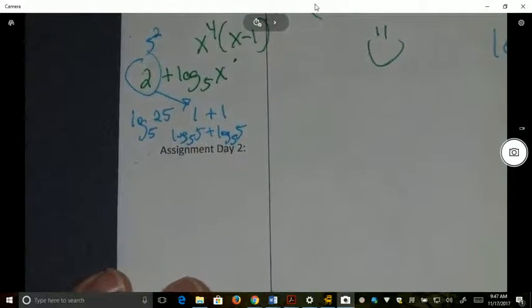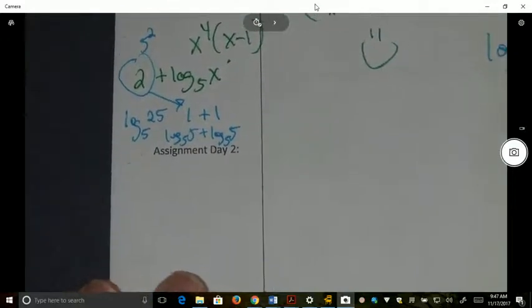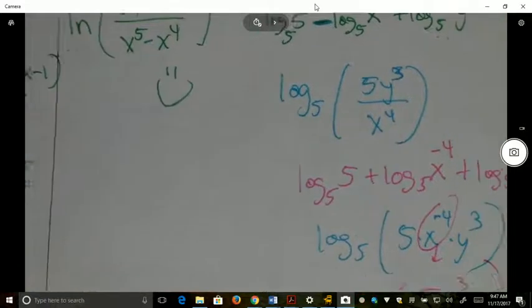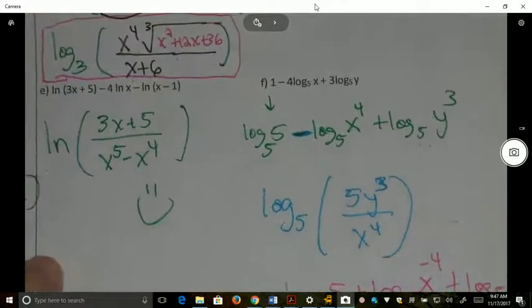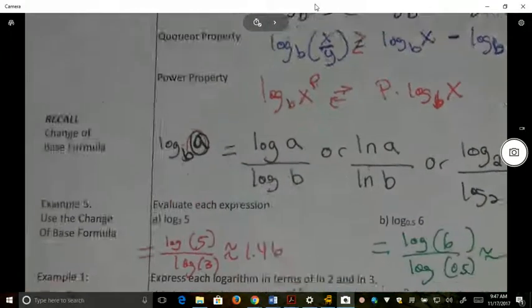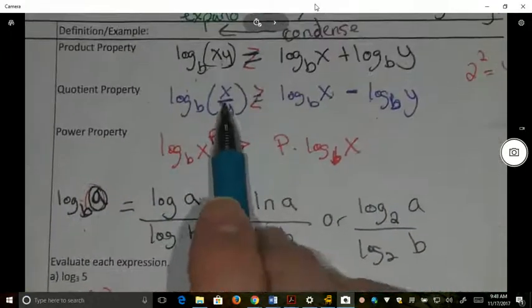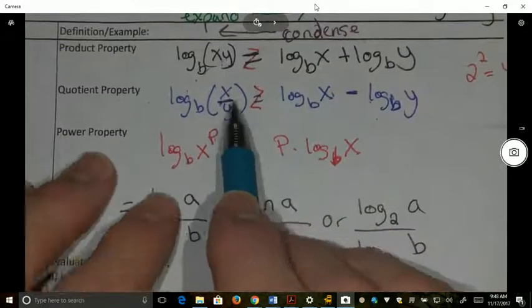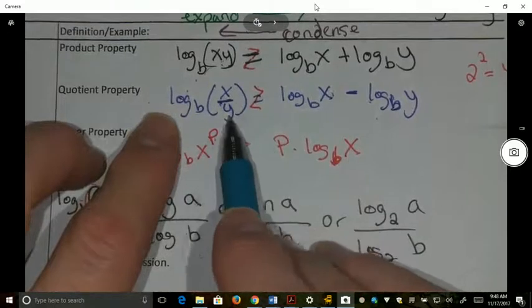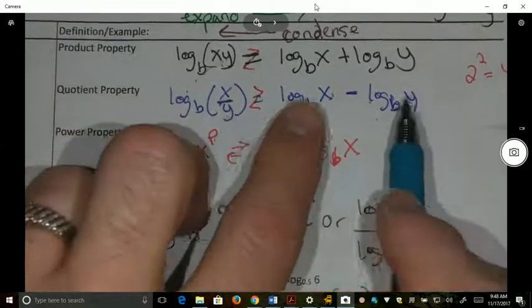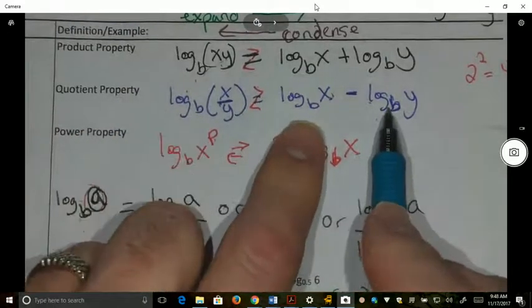All right, yes? Say for like F, is it wrong if you put log base 5 on top and bottom? Yes. So back to our quotient rule, which is that when I have the log of a fraction or of a quotient, I have separated it into 2 logarithms, right?